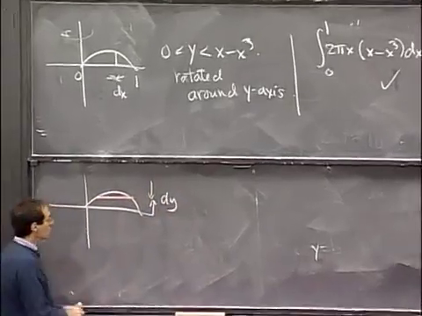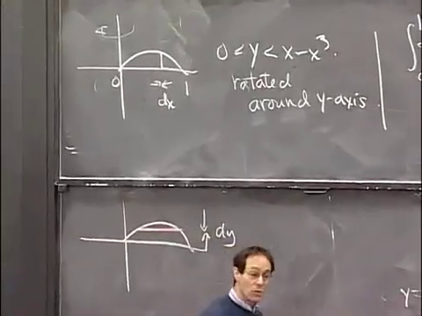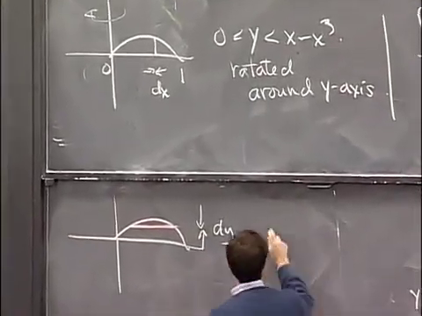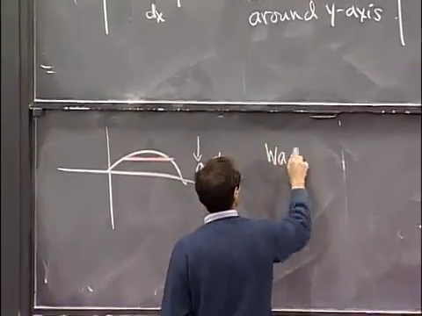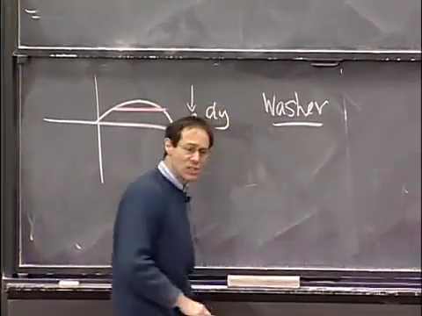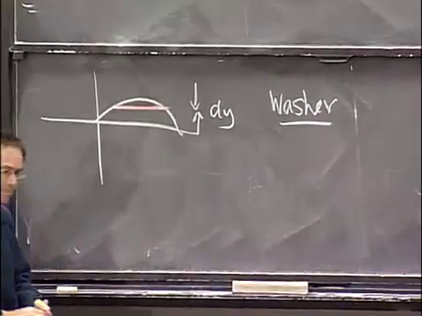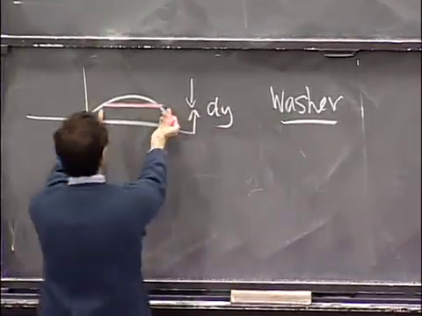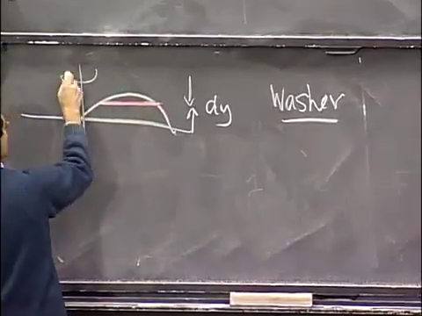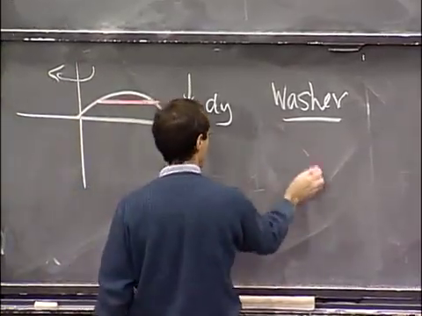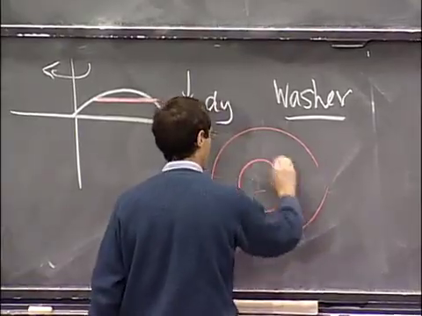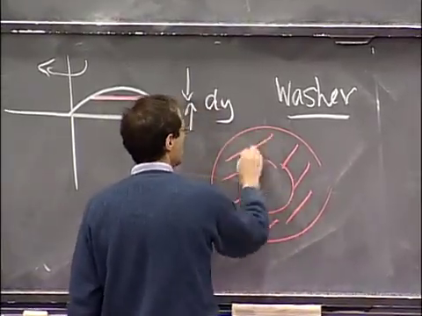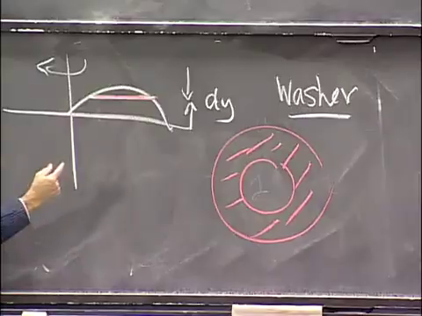And then when you sweep this around, you get what we call a washer, which is really just the difference of two disks. So the shape here is this thing swung around this axis. It's going to be the difference of radii.